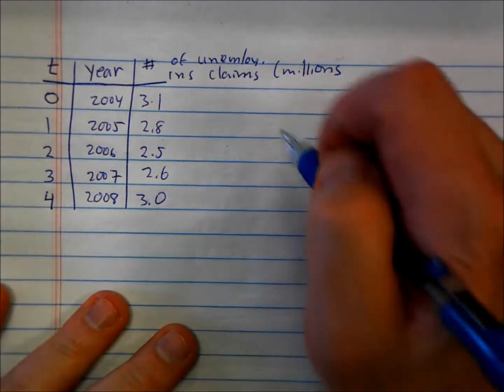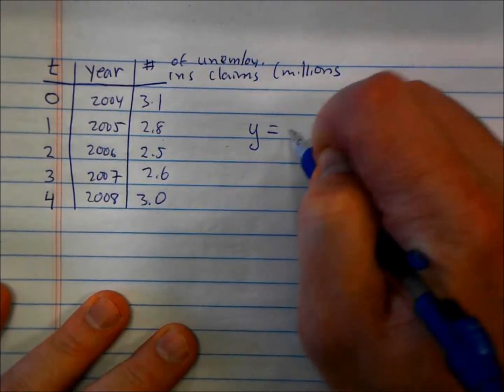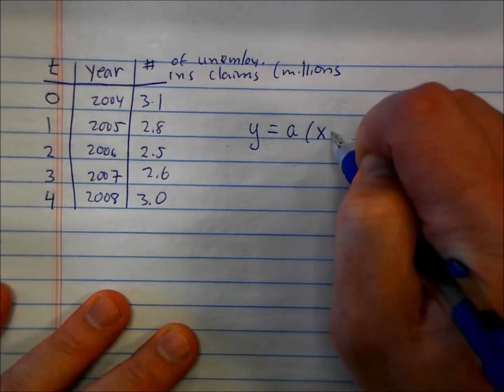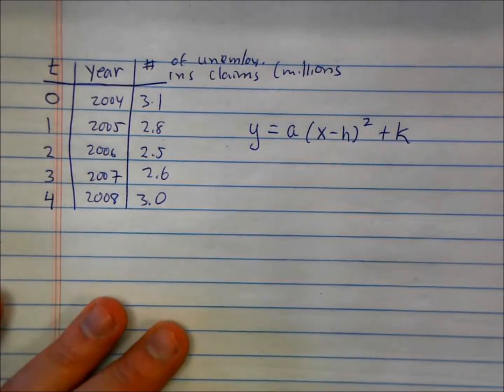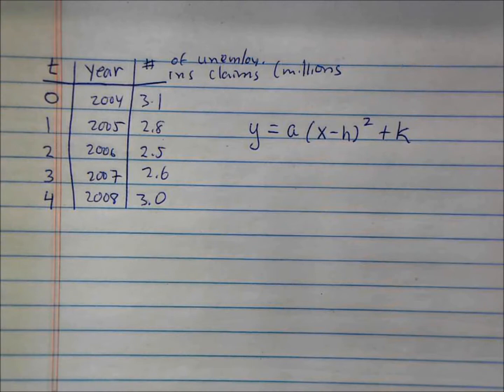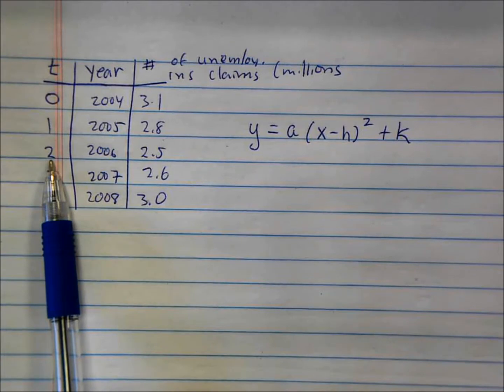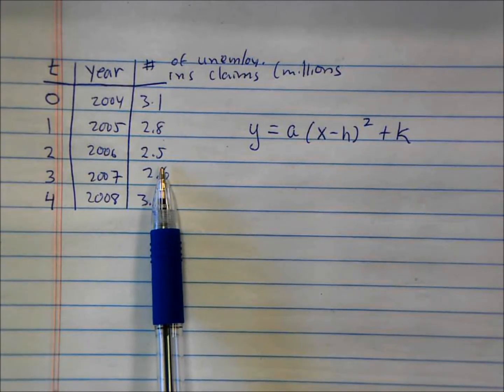All right, so I'm going to use y equals a times x minus h squared plus k. What formula is that called again? That's called vertex formula. Do we know the vertex? Yes, the vertex is x is 2, y is 2.5.